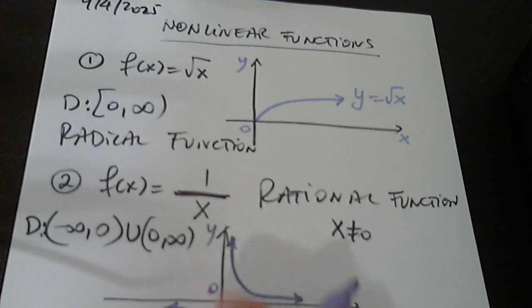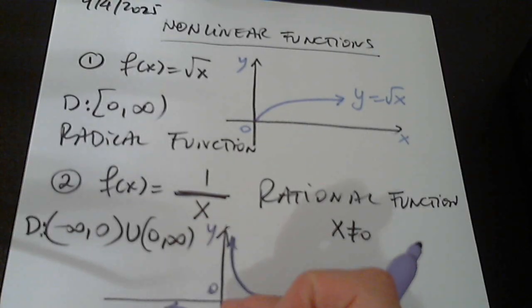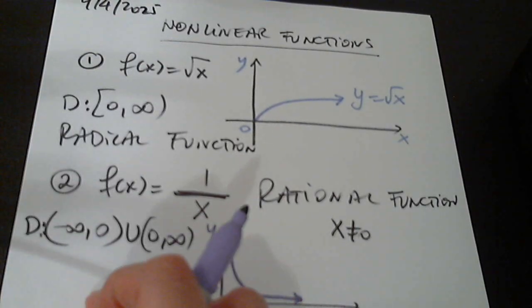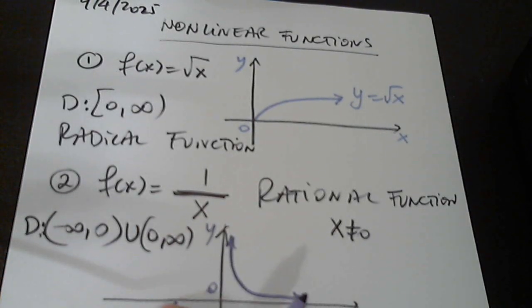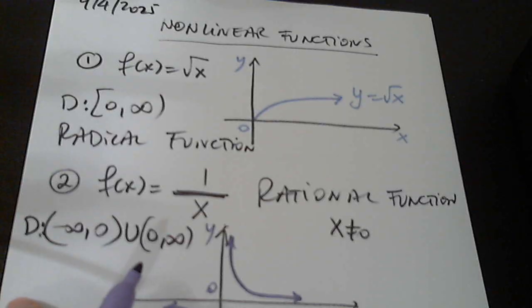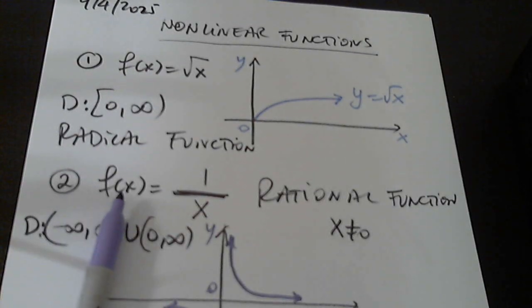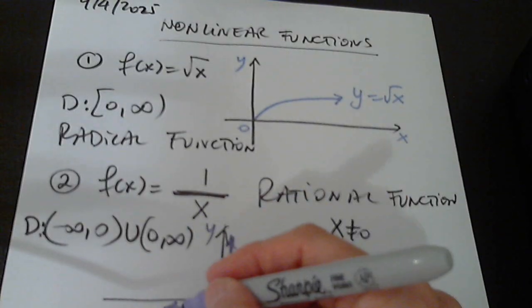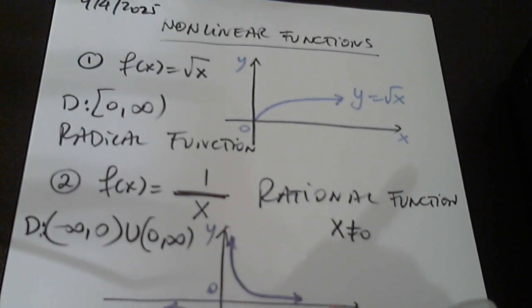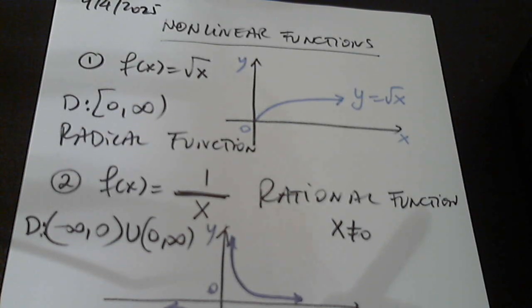On the other side of the y-axis, as x gets smaller to negative 10,000, negative 1,000,000, negative 10 million, the function values get closer and closer to 0. Now, as x gets closer and closer to 0 from this side, the function values get closer and closer to what? 0.